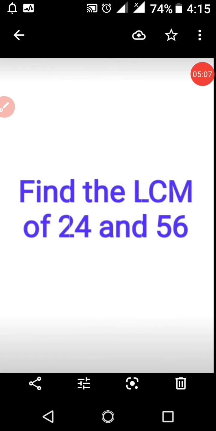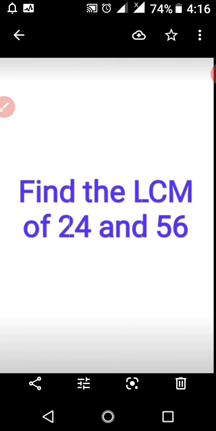Take one example. Find the LCM of 24 and 56. We are going to solve this question by the first method, the prime factorization method. We already know how to do it. What are the two numbers given here? 24 and 56.